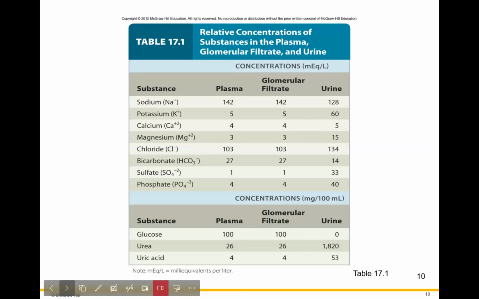But if you reabsorb sodium, that sets up a concentration gradient that water would then tend to follow. Water is always going to go from where it has a high concentration to a low concentration. So if you reabsorb a bunch of sodium, you're making that area more concentrated in sodium, which means it has a lesser concentration of water, and then the water will naturally follow along.